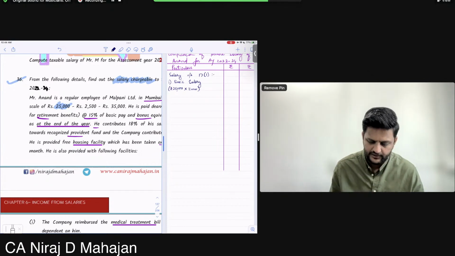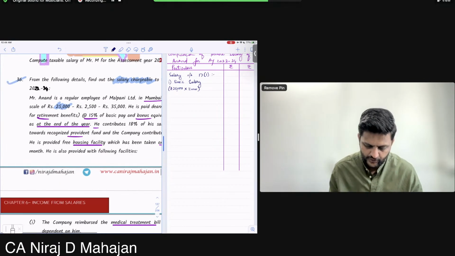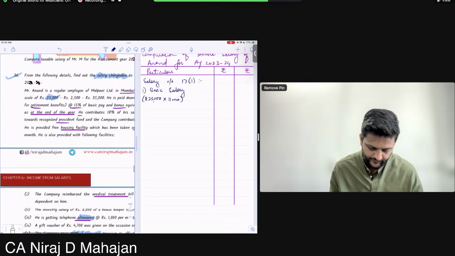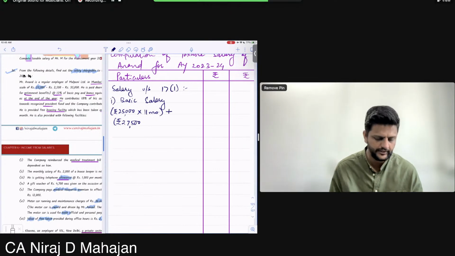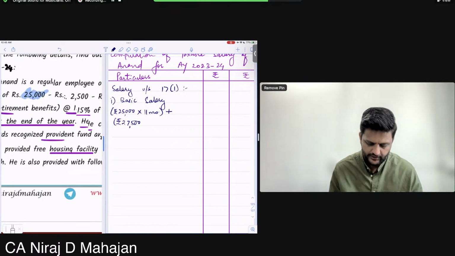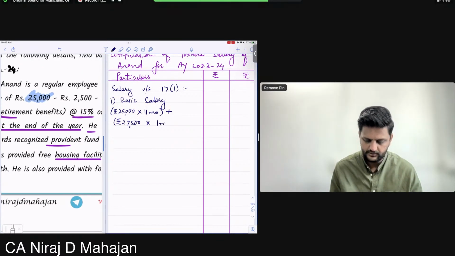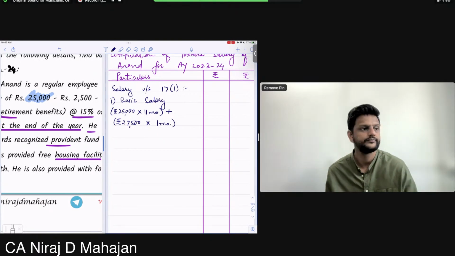And then what is the next salary? Understood or no? 27,500. Increment is of 2,500, into 1 month. Understood? What mistakes you did?